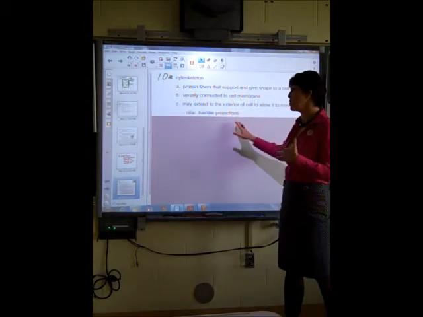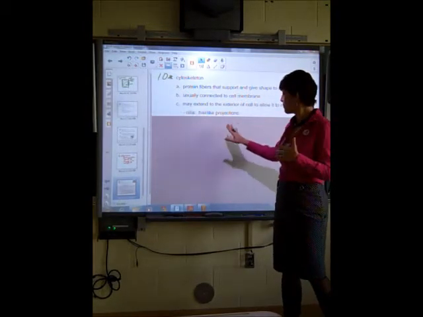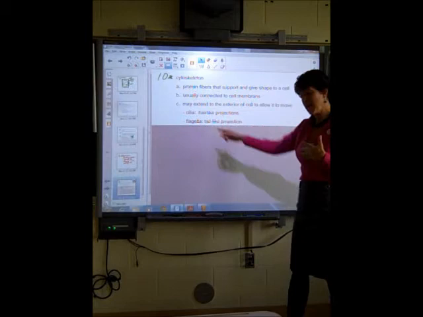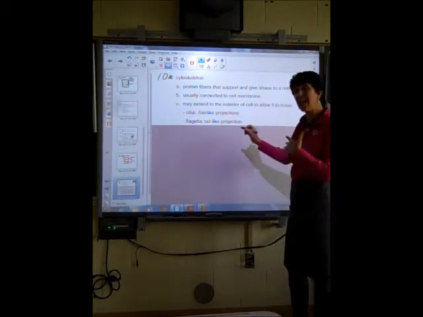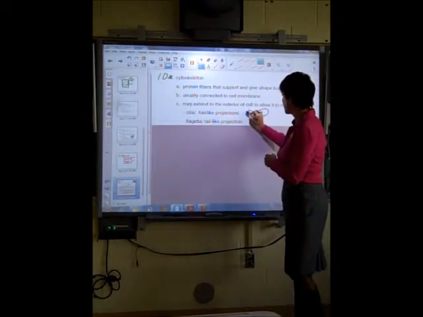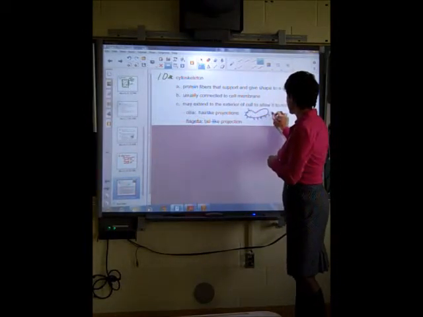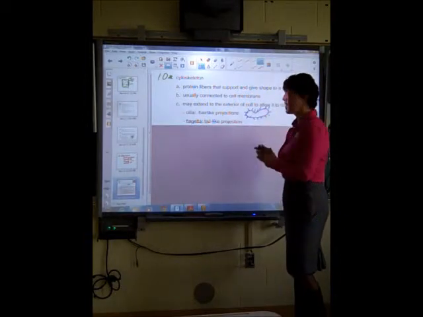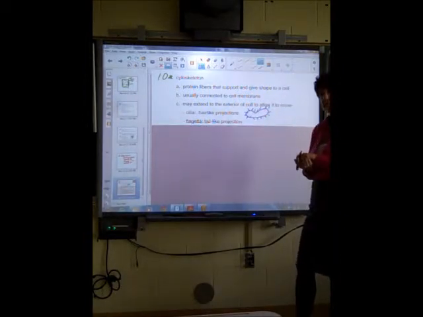Two really easy ones to think of are cilia and flagella. Cilia you see on a paramecium. A paramecium is an organism that looks a little bit like a slipper, and the tiny hair-like projections that are around it are cilia.